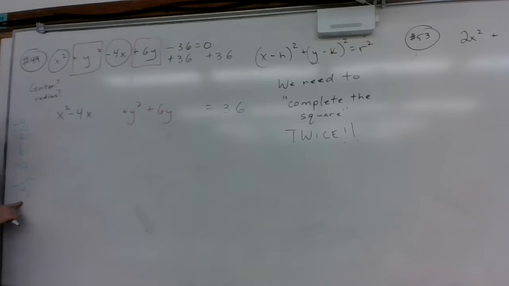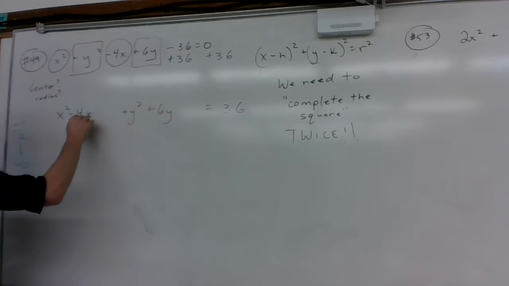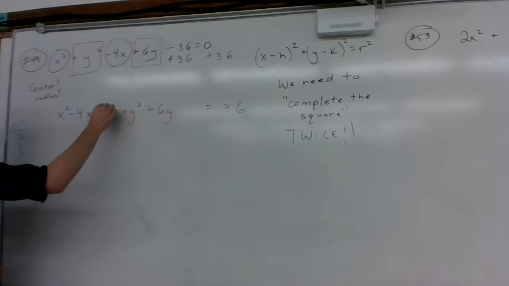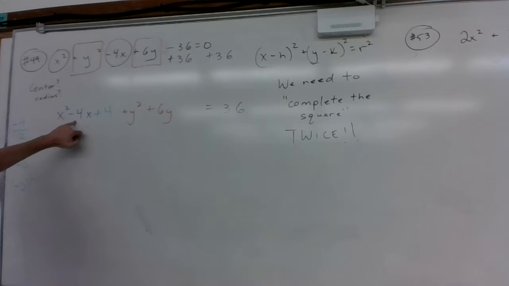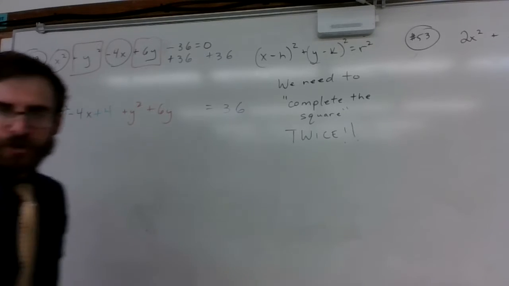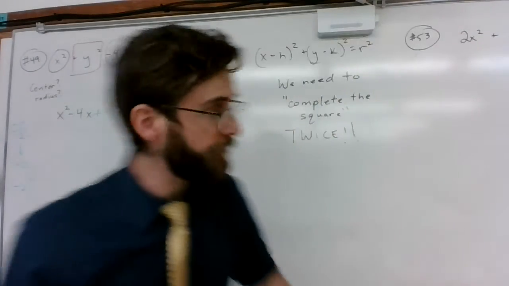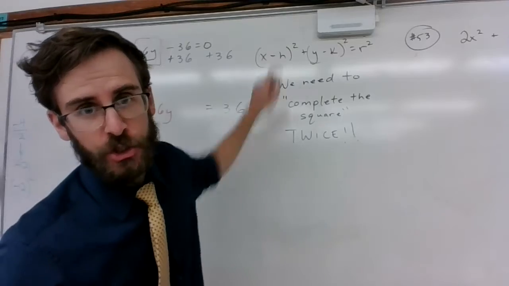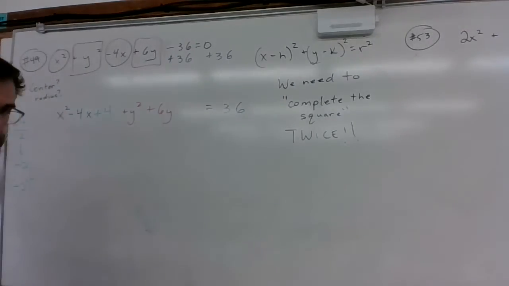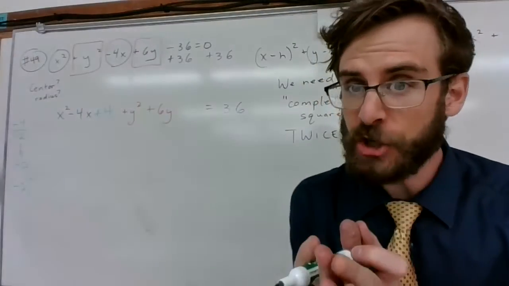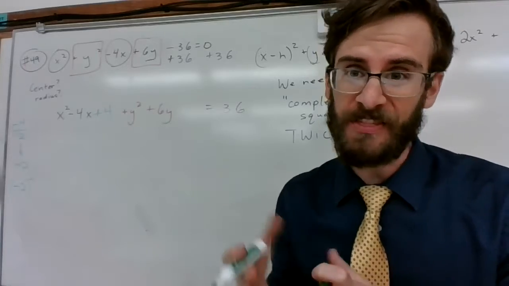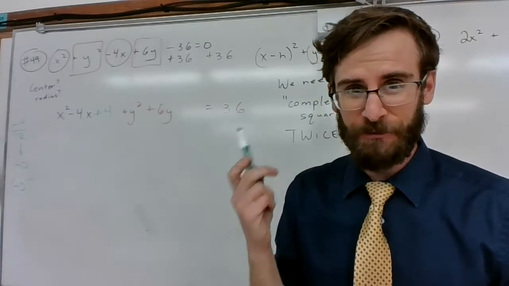That's the number that when I add it to x squared minus 4x plus 4, it creates a perfect square trinomial that will factor down to x minus h squared. Okay? The b term divided by 2 squared. Cut the middle in half and square it. That's how I got the 4.